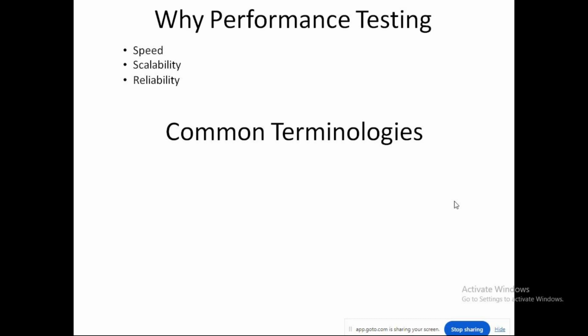And this speed and scalability should remain in the application over longer durations of time. It should not be the case that it had good speed and was scalable for a smaller duration, and in the long run the application's performance degraded. Clear, all of you? So these are the three important parameters which we measure during performance testing.